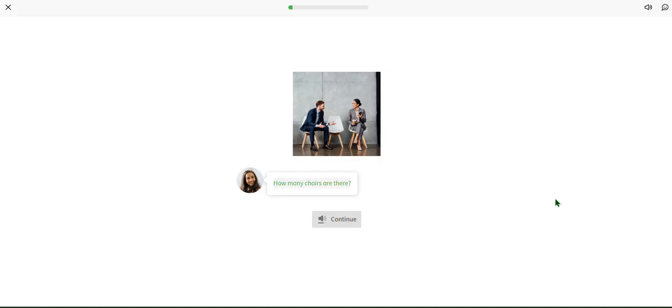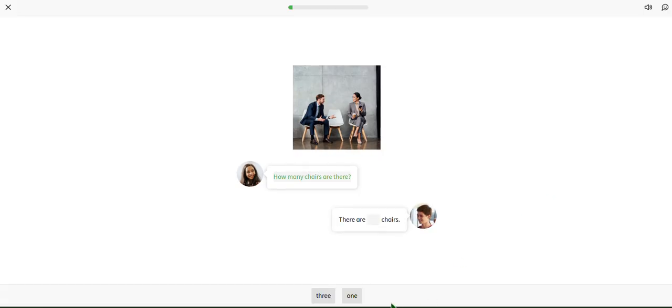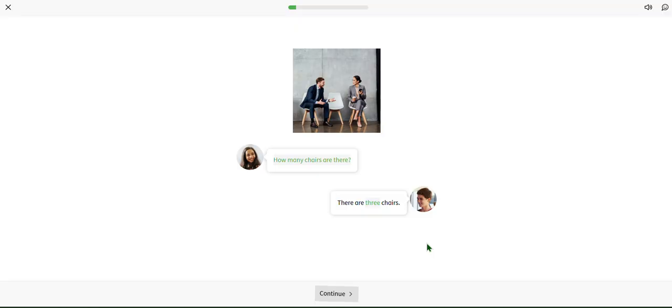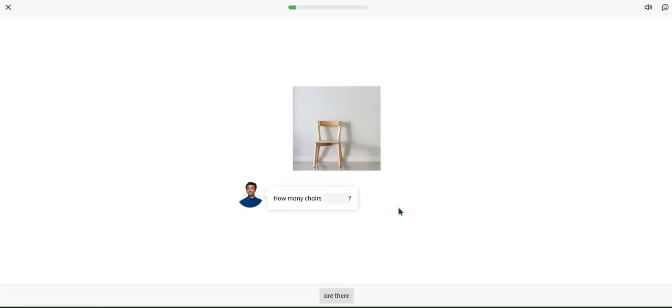How many chairs are there? 1 chair, 2, 3. There are 3 chairs. How many chairs? I see 1 chair, but this is asking how many chairs are there?